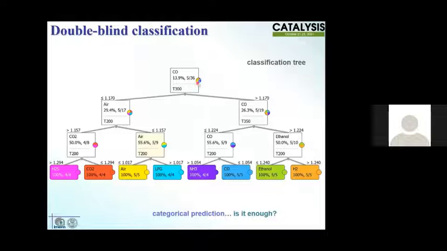You start with all the 8 gases and the system tries to find a rule to split the samples, checking the response at 300 degrees, and it found that responses lower than 1.17 were having only these 4 gases. Instead, for responses higher, these 4 gases. And with 3 different and subsequent rules, it was able to classify, recognize all the gases.